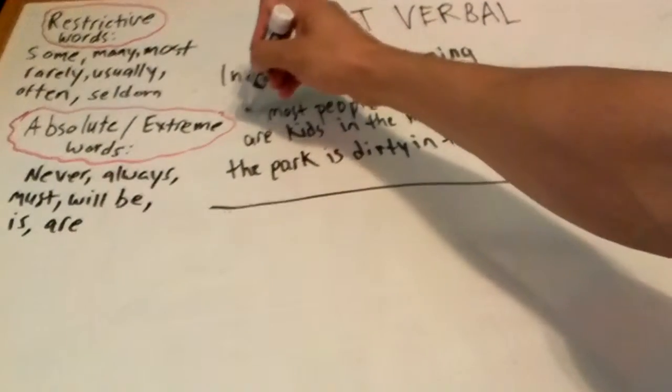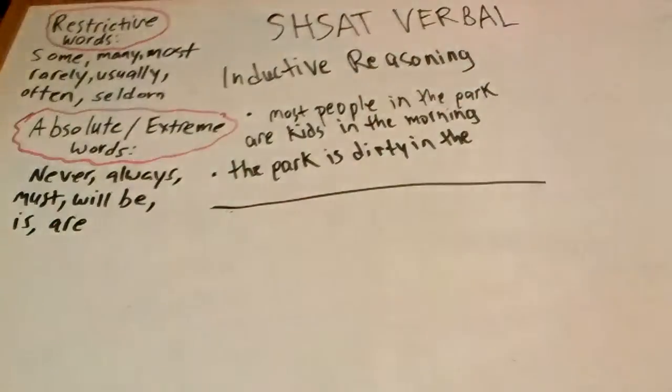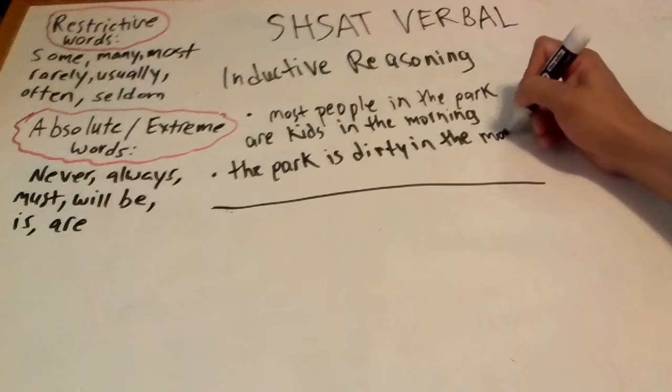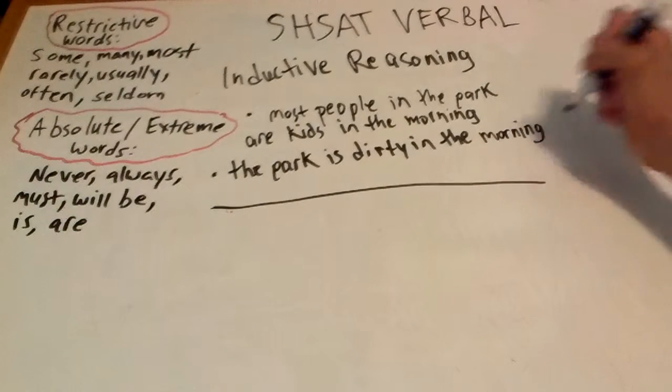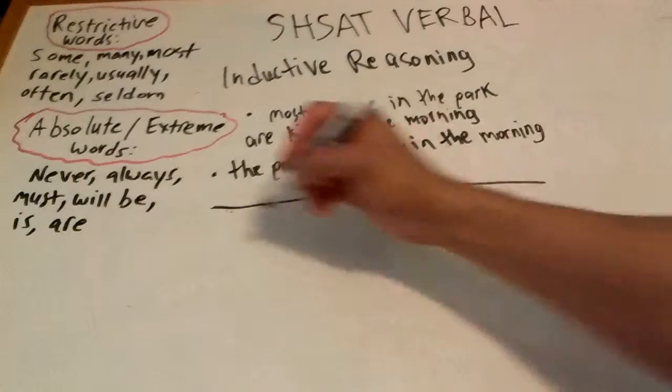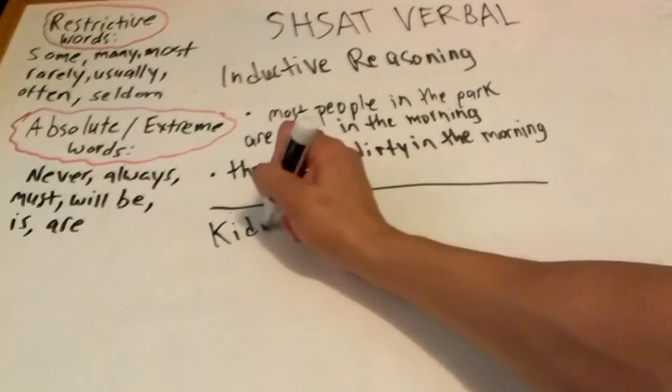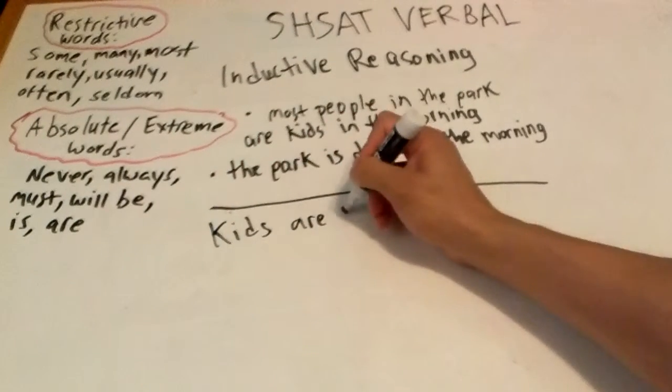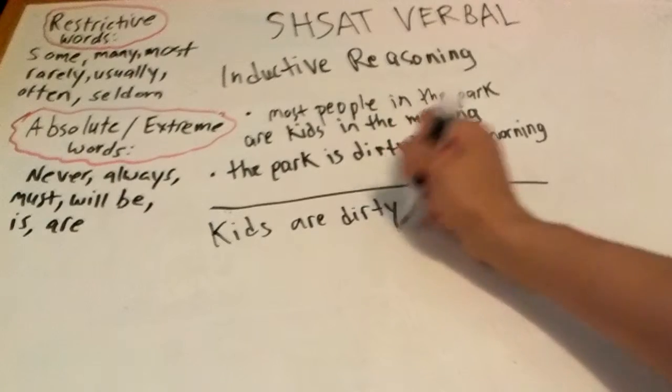We'd said two premises, and here they are: that most people in the park are kids in the morning. And the second one was that the park is dirty in the morning. Right? Nice. So we said, what kind of a conclusion can you make? Well, you can conclude that kids are dirty, right?